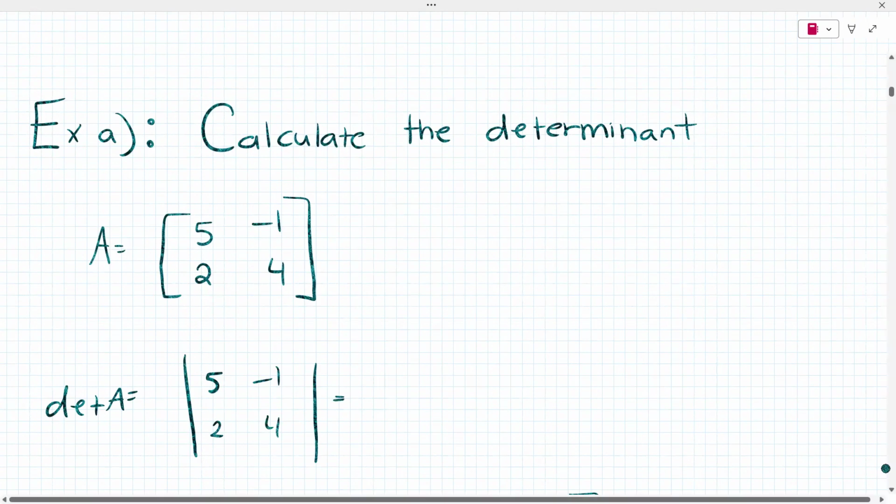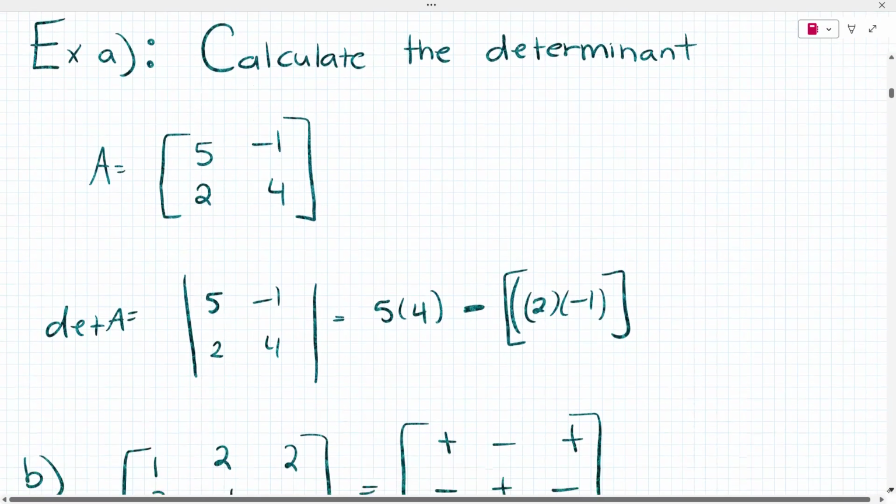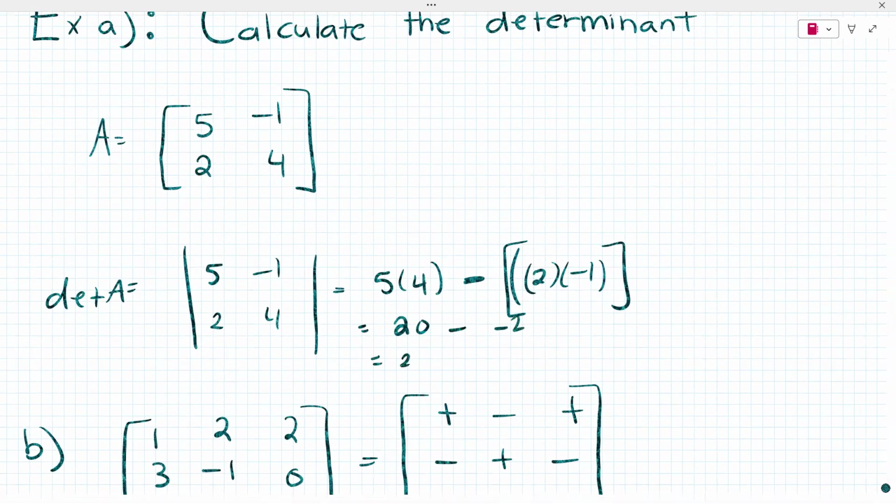You just multiply 5 and 4, minus, in brackets, 2 times negative 1. So 5 times 4 is 20, minus a negative 2. Two negatives become a positive, so that's 22.